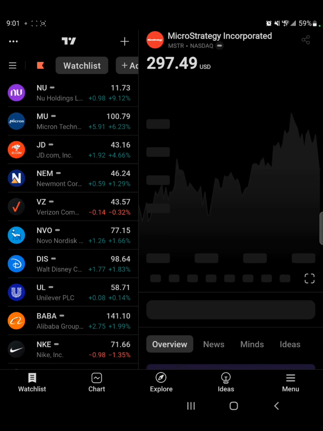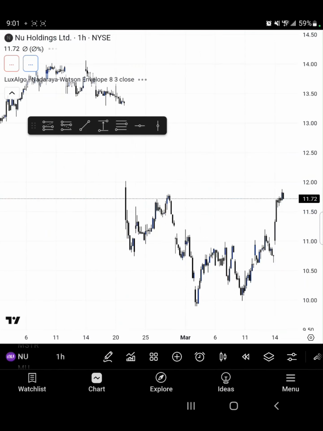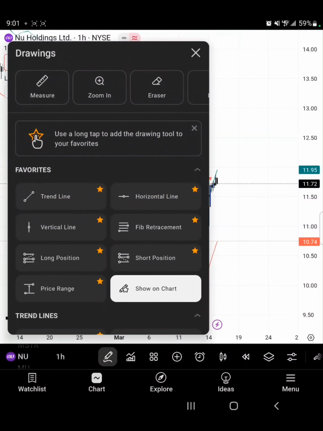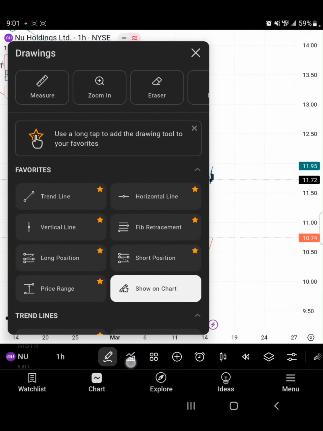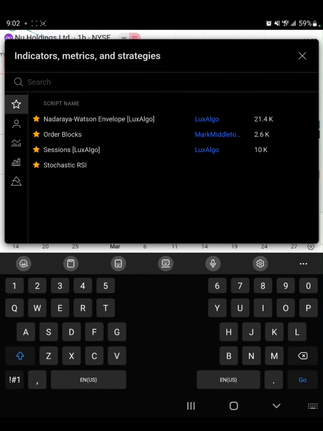Now this is the second part of the strategy. I'm going to teach you how to use the Nadaraya Watson indicator. To be able to add indicators to your charts, you have to click on this tab, indicators, metrics and strategies.